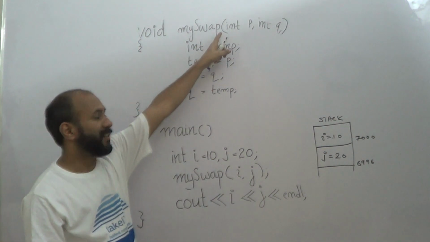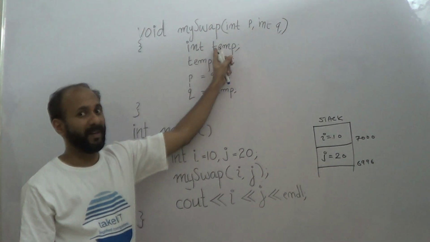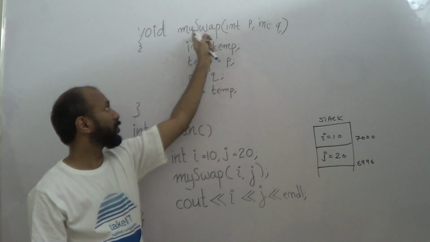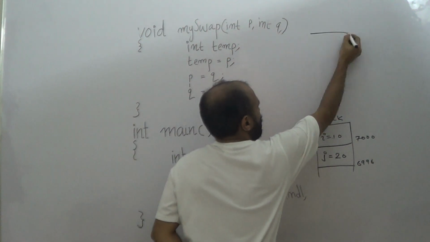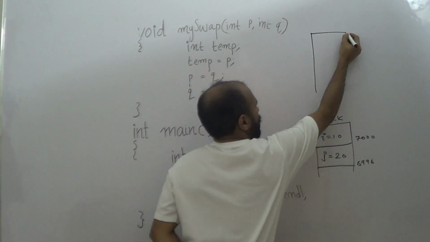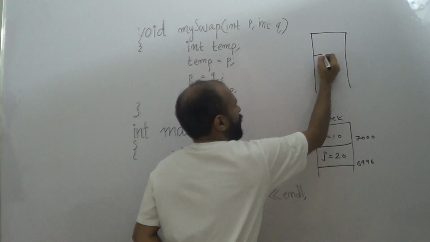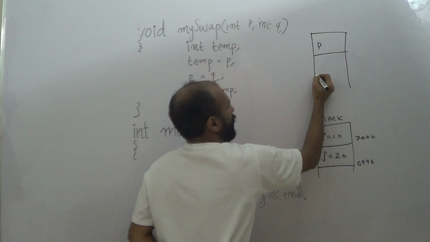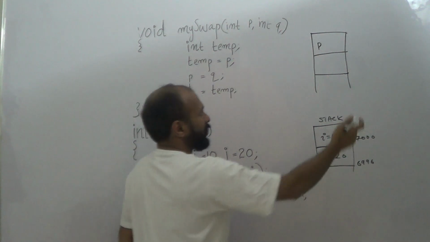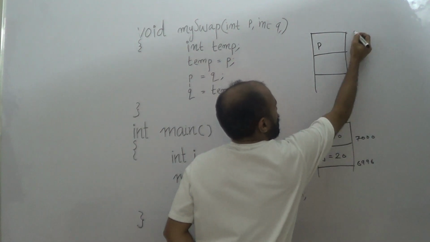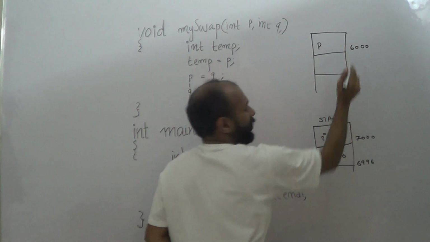Inside the stack frame of my swap function there will be p, q as well as temp. I am going to draw the stack frame of that function. I have int p available here. Assume the address starts from some other location, for example 6000.